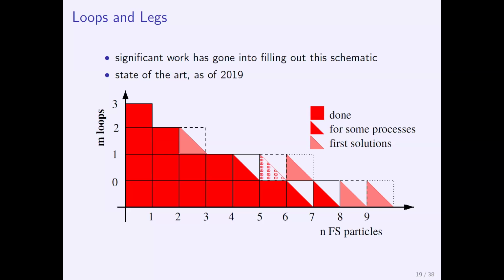You can see that we can go out all the way in terms of these legs, whether it's done for some processes or not. And so you can see that we've gone all the way up to 3 loops, for example, but only at this 0 legs here.